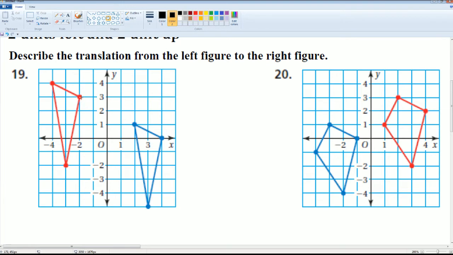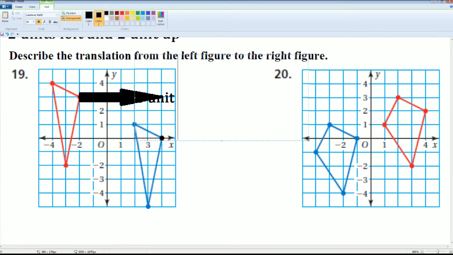So here's this dot, and it's going to go to this dot. Do you see? How much did it go by? 1, 2, 3, 4, 5, 6. You see the arrow? That's a big arrow. So this is 6 units.